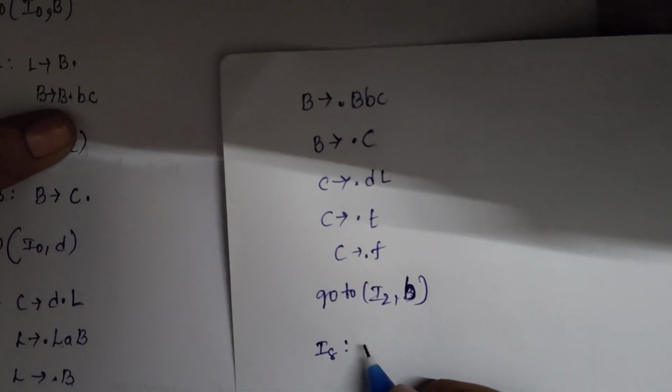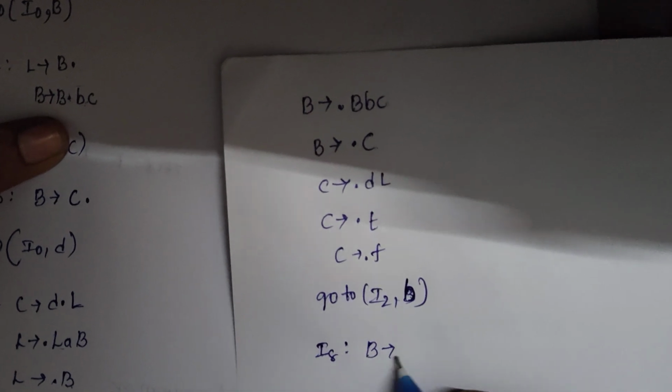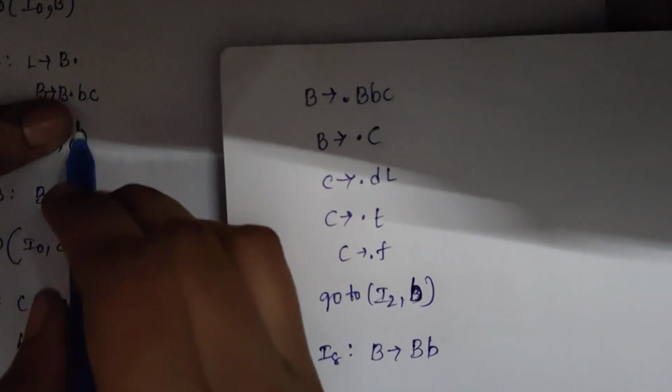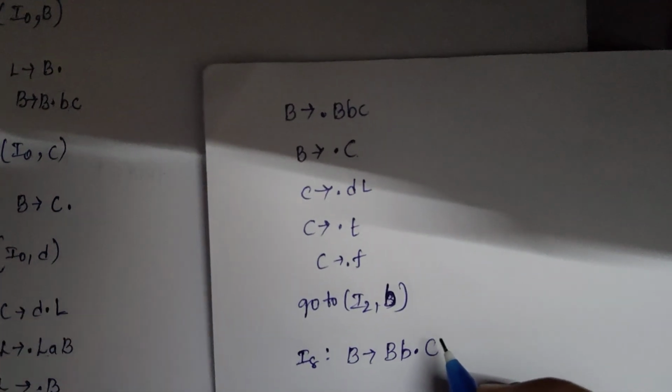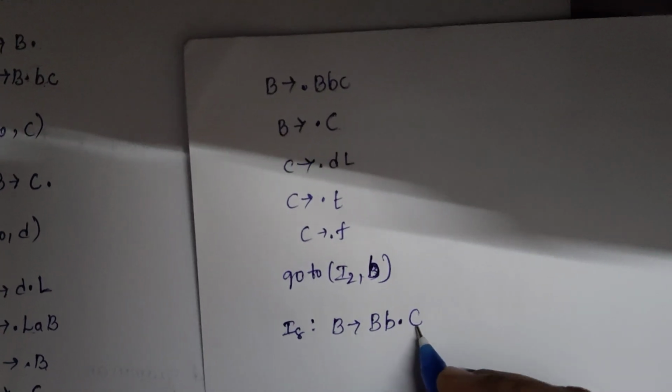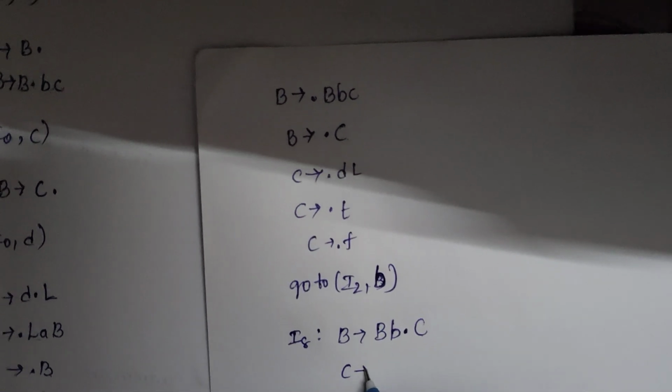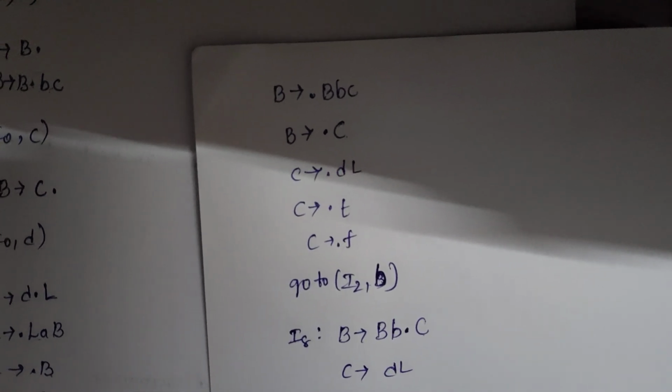So I8 will become B produces capital B. This dot will be shifted here, so B dot C. Now the dot is following a non-terminal C, so write all the predictions of C.